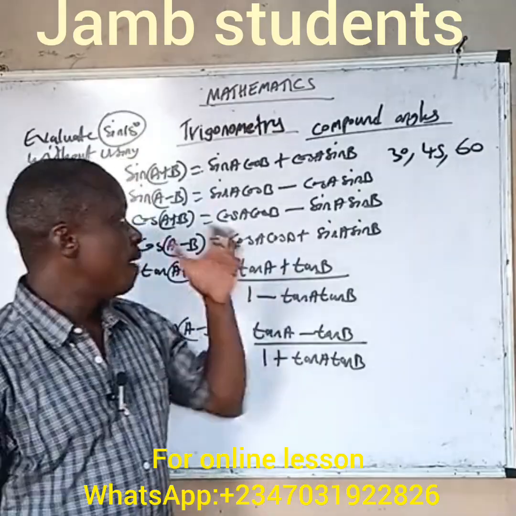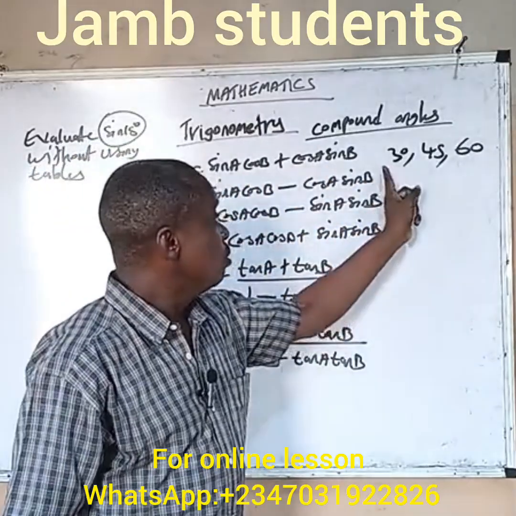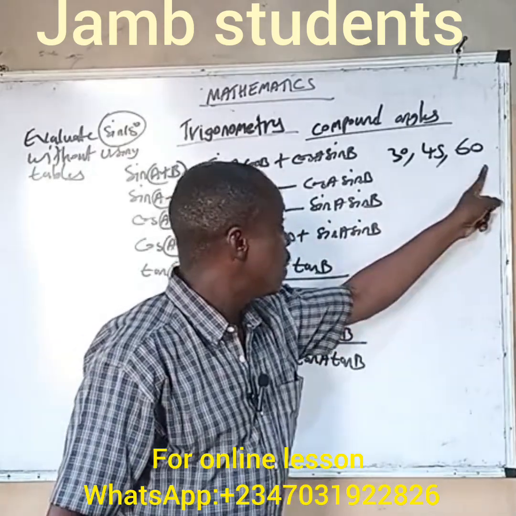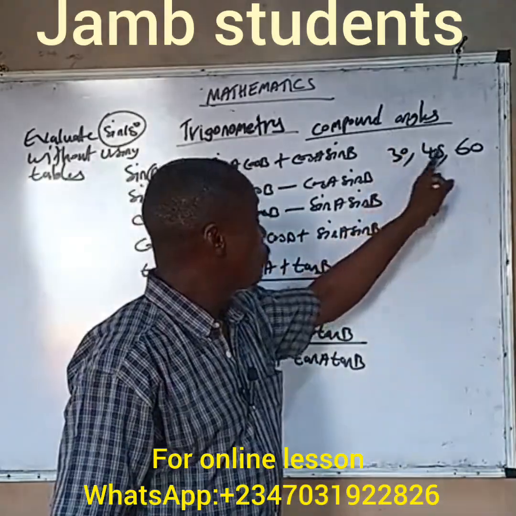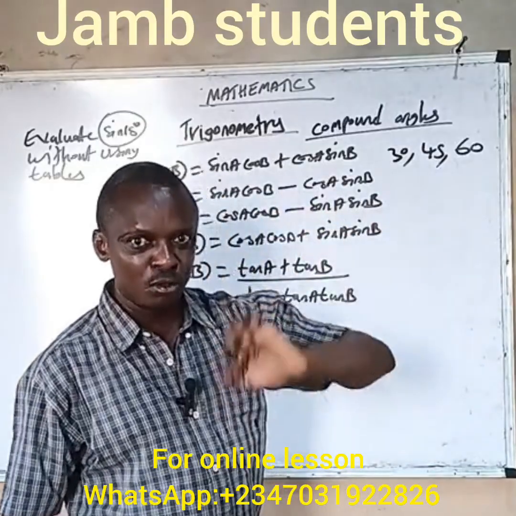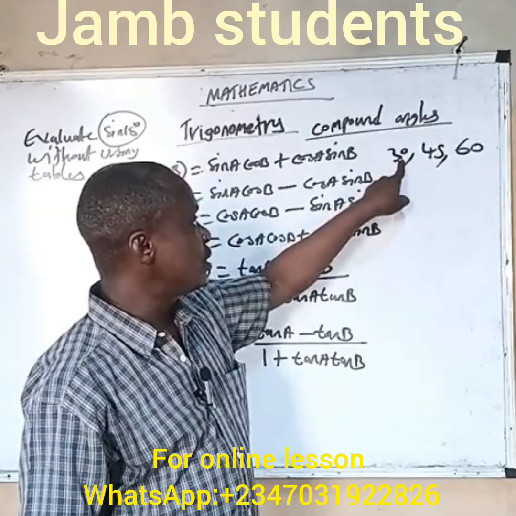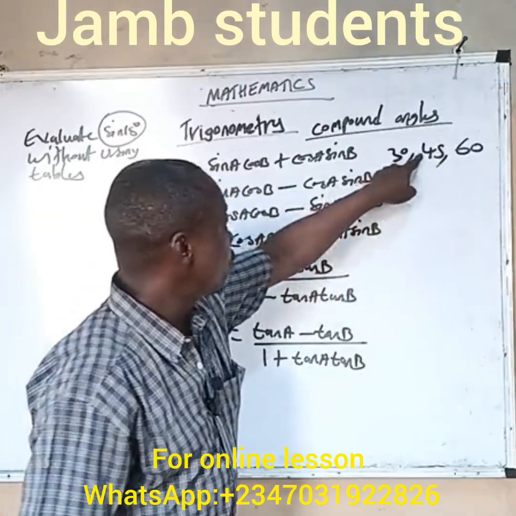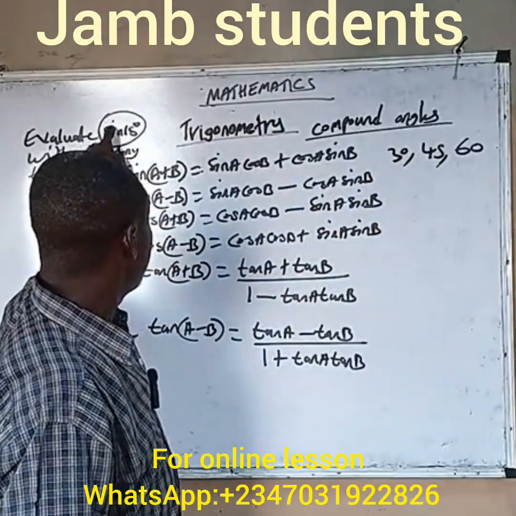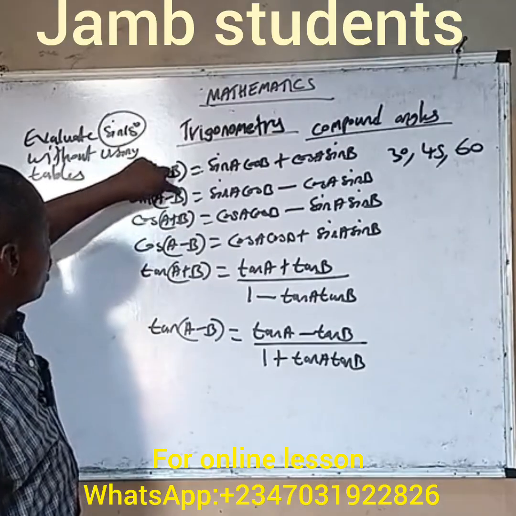Now, since you're talking about 15, you ask yourself, which two of these three are you going to add or subtract that will give you 15? 45 minus 30 will give us 15. Since it is minus that will give us 15, and I'm talking about sine, I will use this one. Here will be 45, here will be 30.